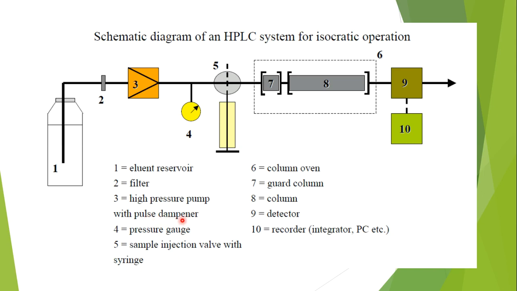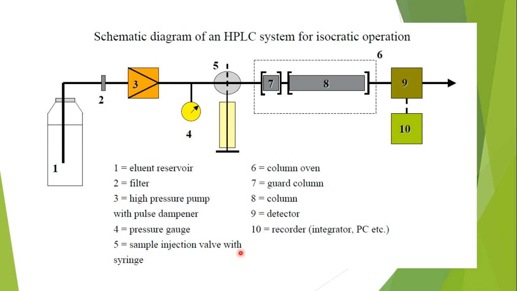So a pulse damper is generally used, and that pulse damper removes or reduces these pulses inside this plumbing system. The pressure gauge measures the current instantaneous pressure inside the column or inside this plumbing system.